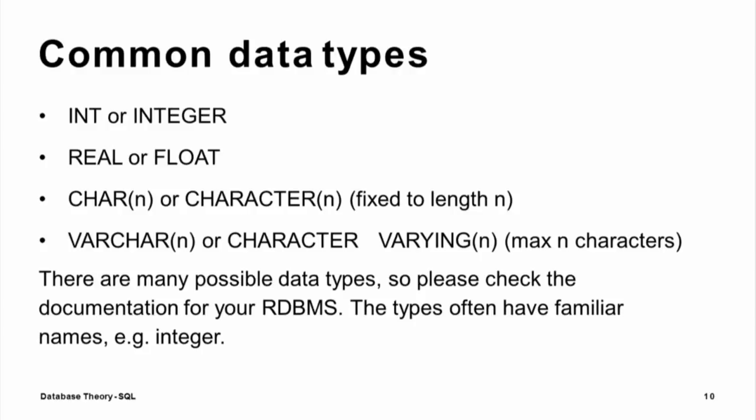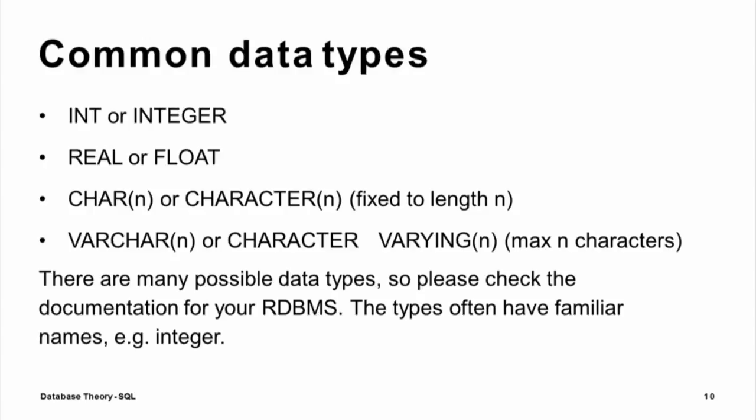So if we're talking about tables now, we also need some types. And there are quite a lot of different types. These are some of the more common ones. The integers, the reals, the characters, and the variable characters. The difference between char and varchar is that if you are using character and you tell it to use a maximum of 10 characters, well, then there's a rule here.